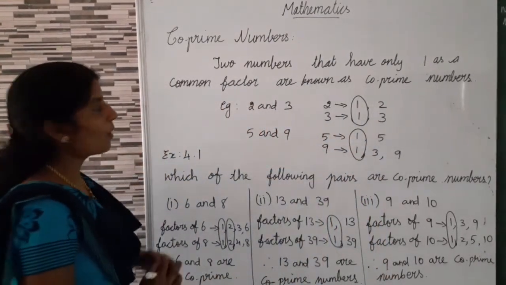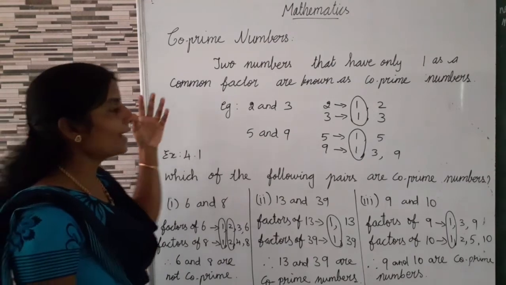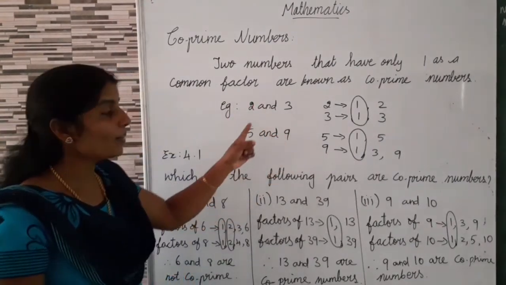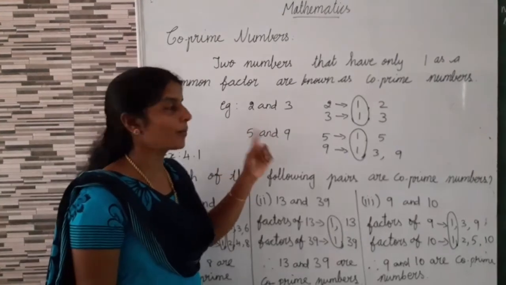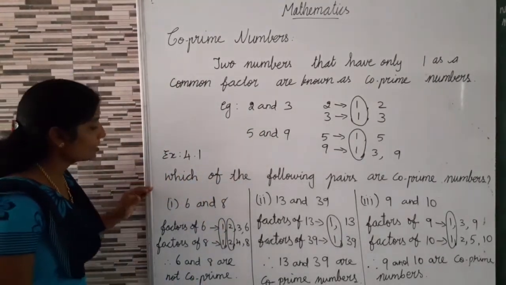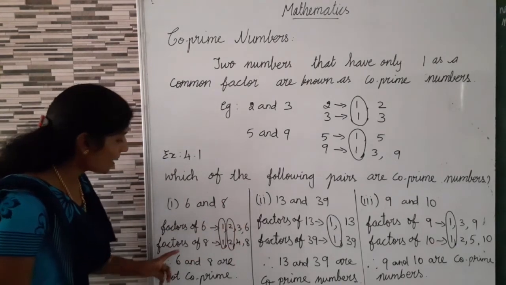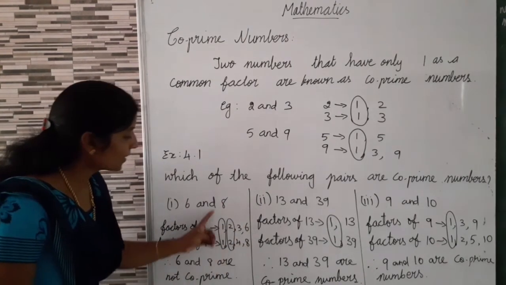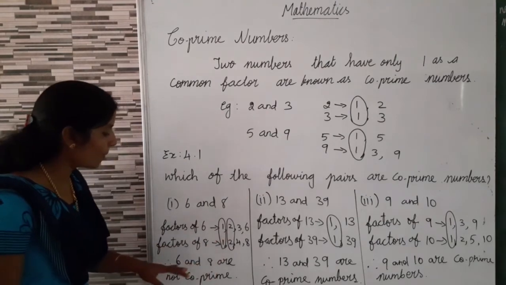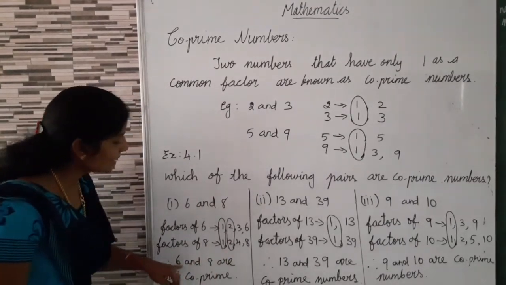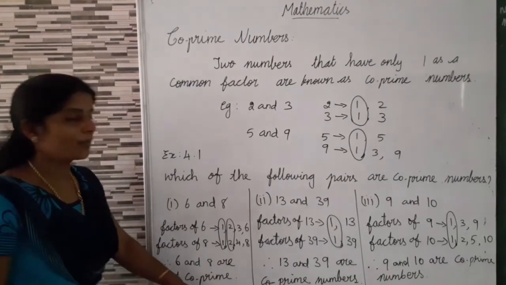Are you clear what is co-prime? If you take any two numbers and only one is a common factor, that is a co-prime pair. First, 6 and 8: factors of 6 are 1, 2, 3, 6 and factors of 8 are 1, 2, 4, 8. Here 1 and 2 are common, so they are not co-prime.